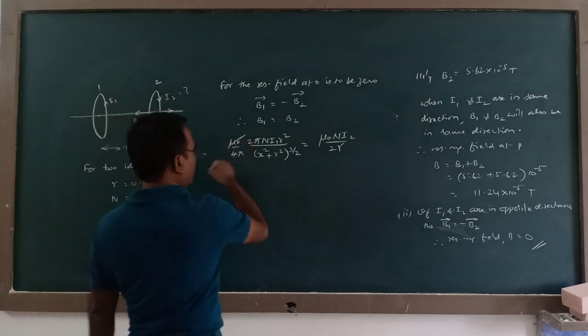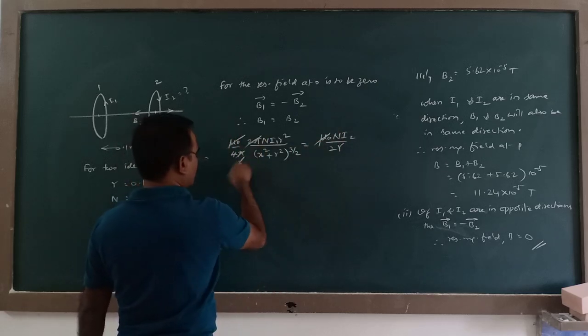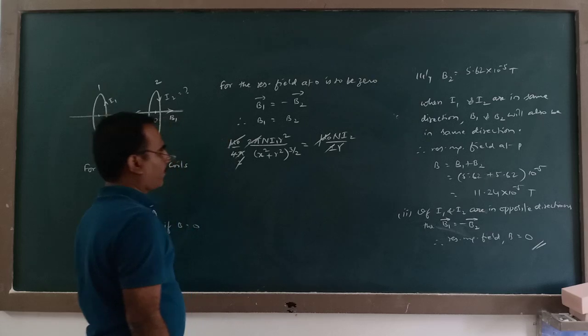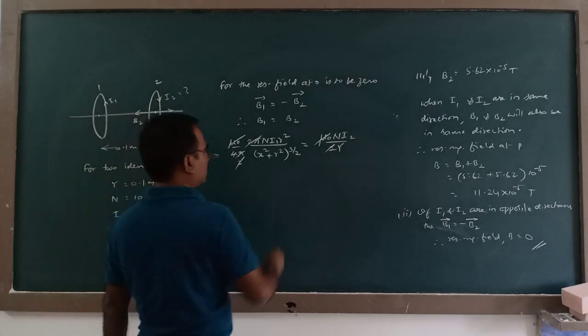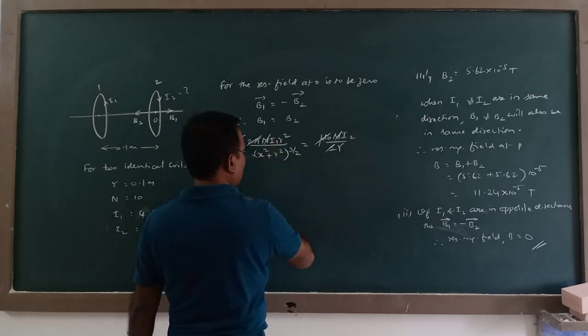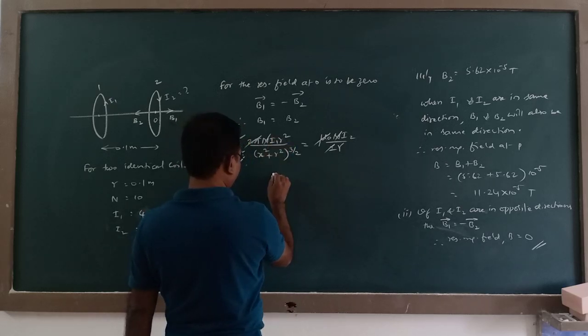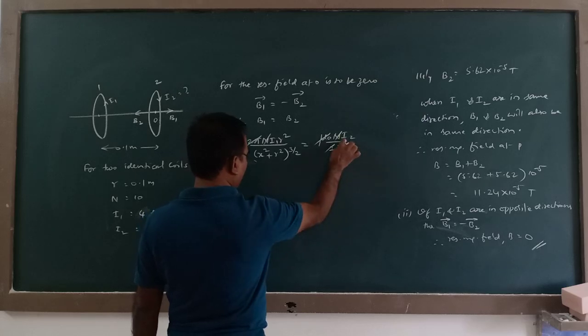So this mu naught and mu naught cancel. This 4 pi cancels, this 2 and 2 cancel. And the number of turns also cancels. And I2 you have to find out.